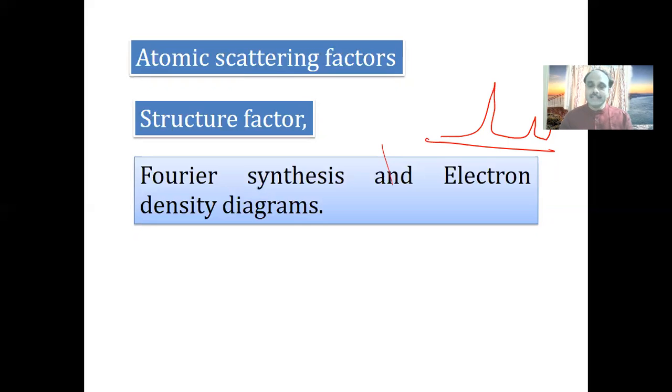Because in a molecule, there may be different atoms. These atoms may have different electron density. Hydrogen has only one electron, whereas iron has 26 electrons. Cobalt has 27 electrons. Zinc has 30 electrons.